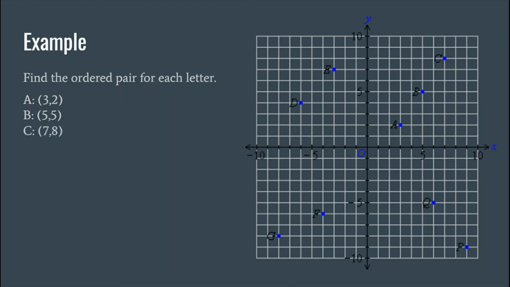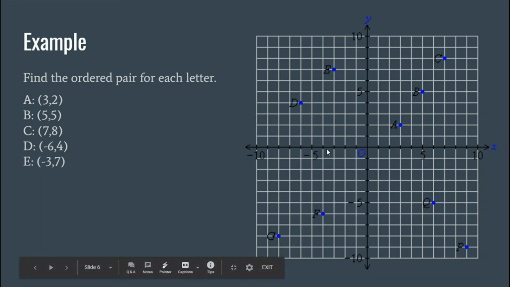Now D is here: negative 6, 4. E, negative 3, 7. F is down here, so we got negative 4, negative 6. G is down here: negative 8, negative 8.